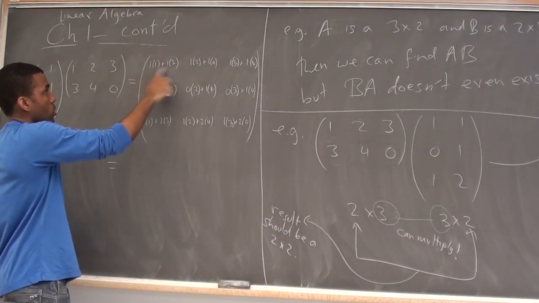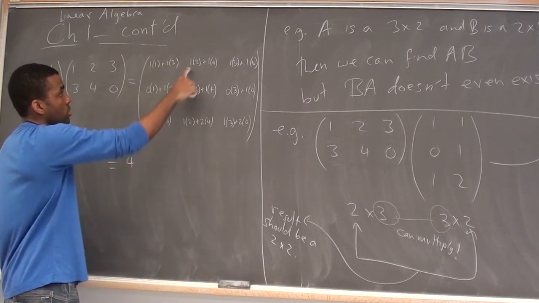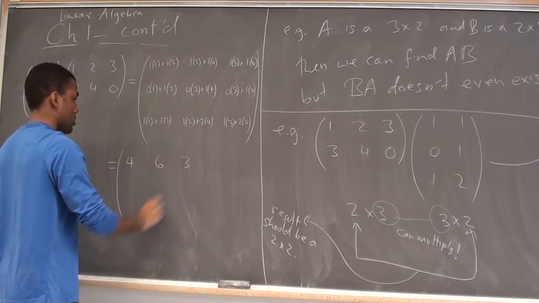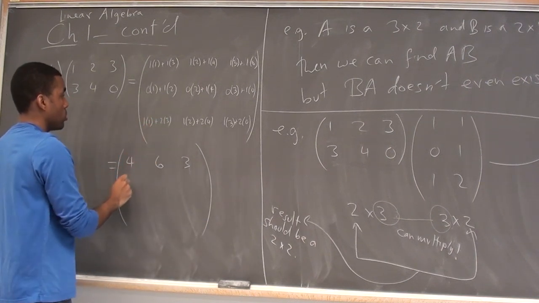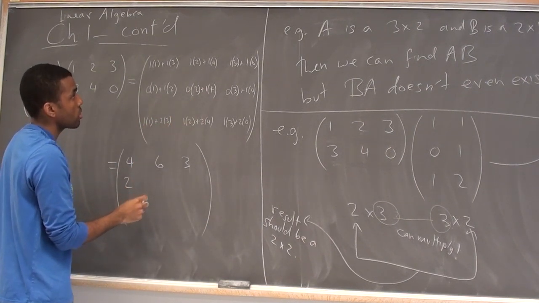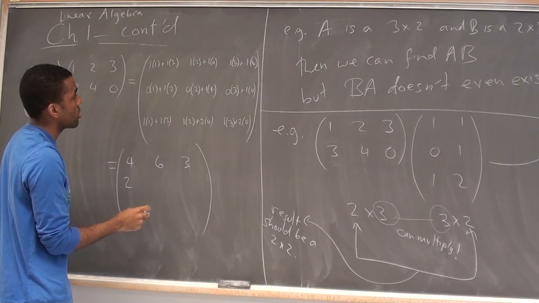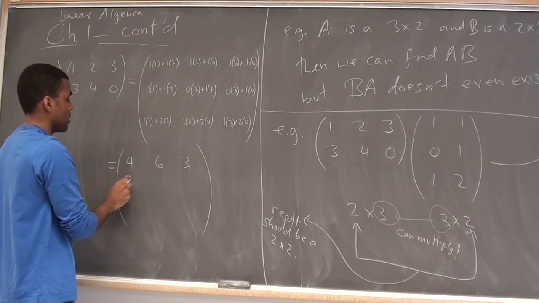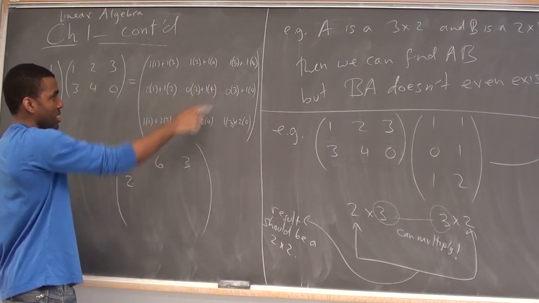So this is going to give you 4, 6, 3, 2. I think that's 3, not 2. That's 0 times 1 plus 1 times 3. See what I mean? This would be a 4.